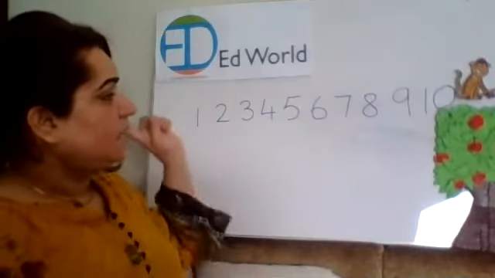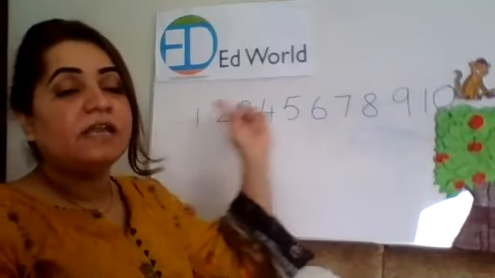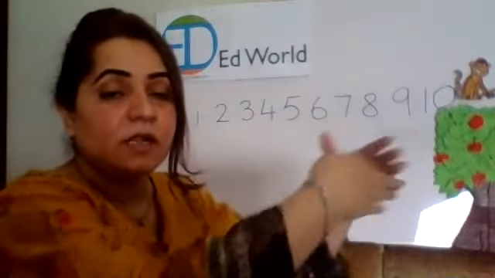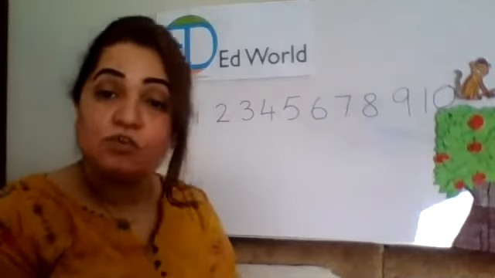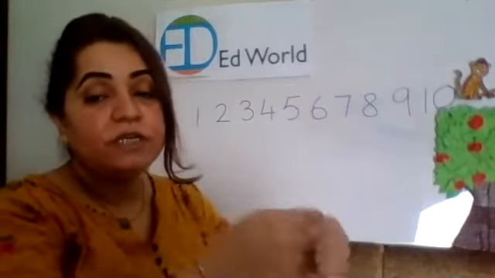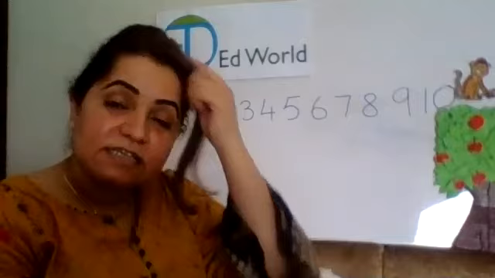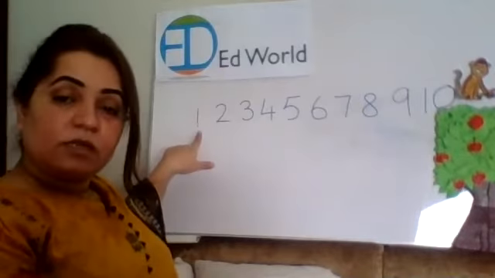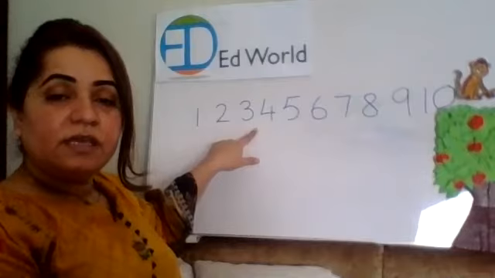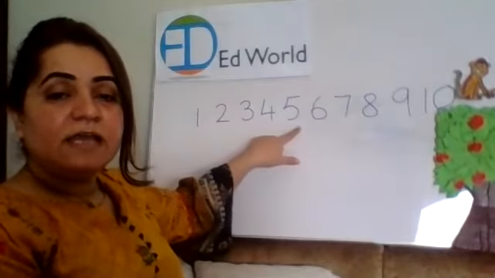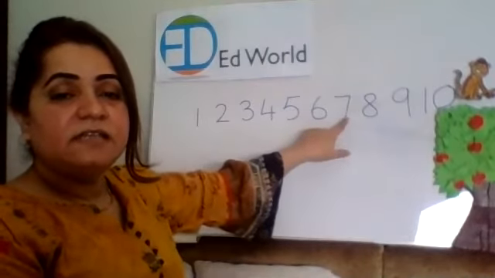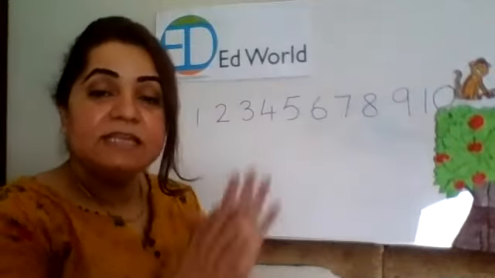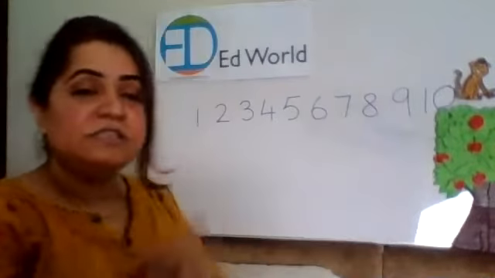So if you want to start and go up to the higher number, that is called forward counting, right? Like starting from 1, 1, 2, 3, 4, 5, 6, 7, 8, 9, and 10. This is forward counting, okay?